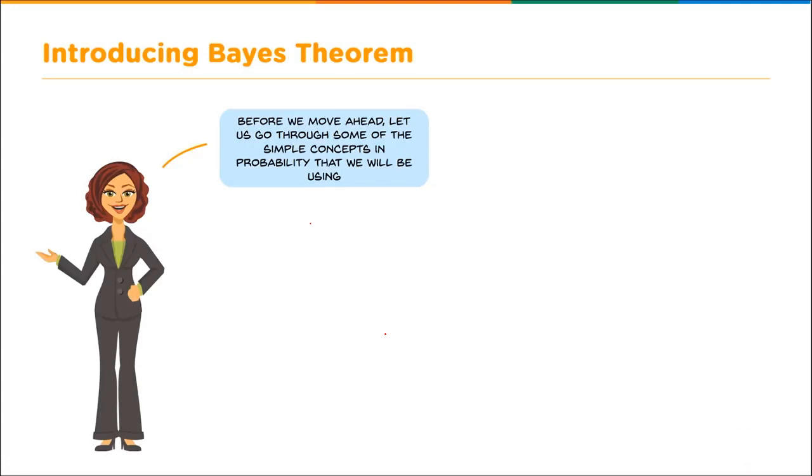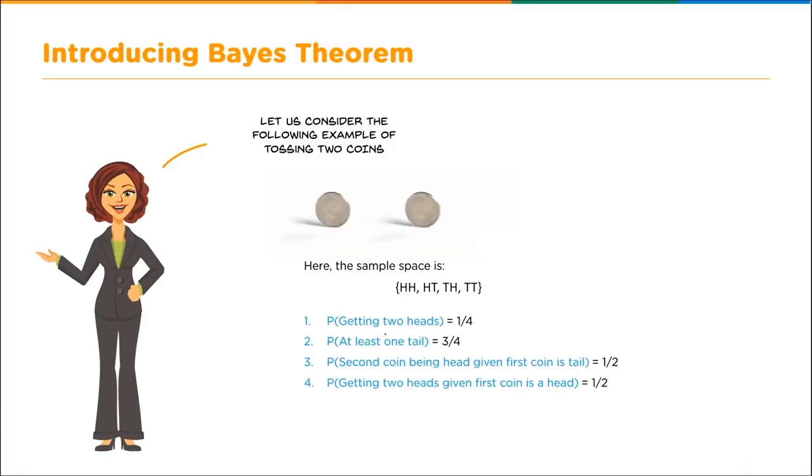Before we move ahead, let us go through a basic example, through which we will come to a thorough understanding of what is probability, normal probability, conditional probability, and joint probability, which will be utilized in the further sessions.